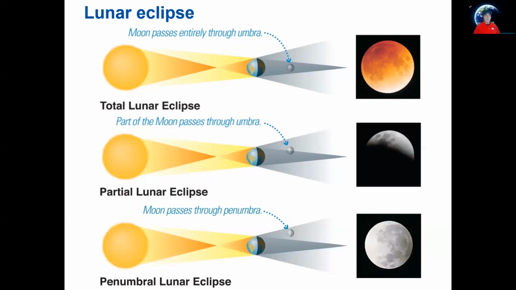Even as a penumbral eclipse is happening in your sky, you might not notice anything different about the moon. On the other hand, very observant people can detect a dark shading on the moon's face during a penumbral eclipse.